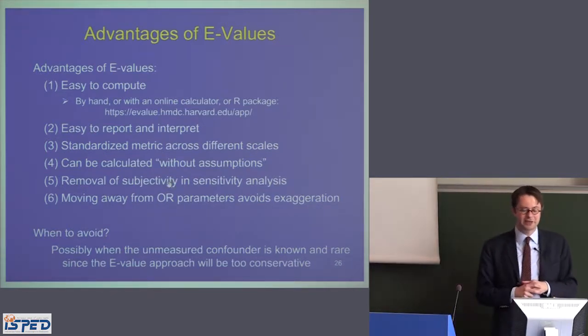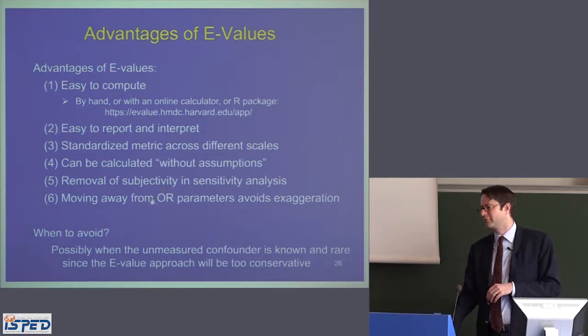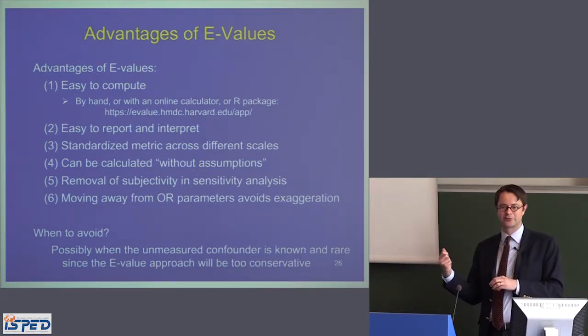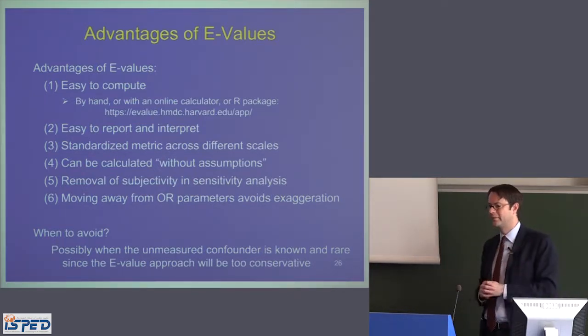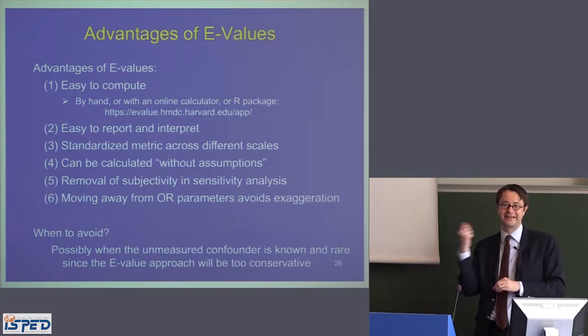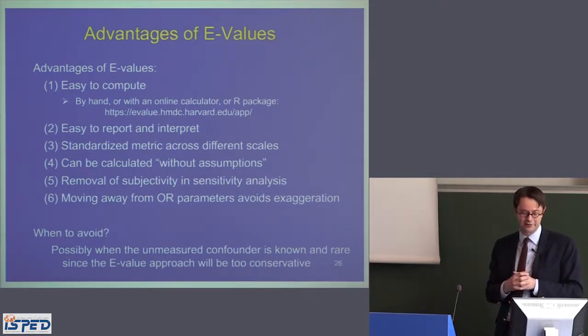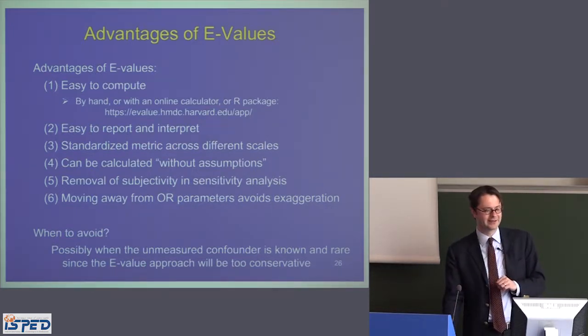It removes subjectivity in sensitivity analysis, and it moves away from using sensitivity analysis parameters that are defined on the odds ratio scale, which I tend to think have been used frequently in the past, but exaggerate the amount of confounding needed because they're typically interpreted as risk ratios, and with a common outcome, they don't have that interpretation. So for all of these reasons, I think the e-value is a helpful approach.